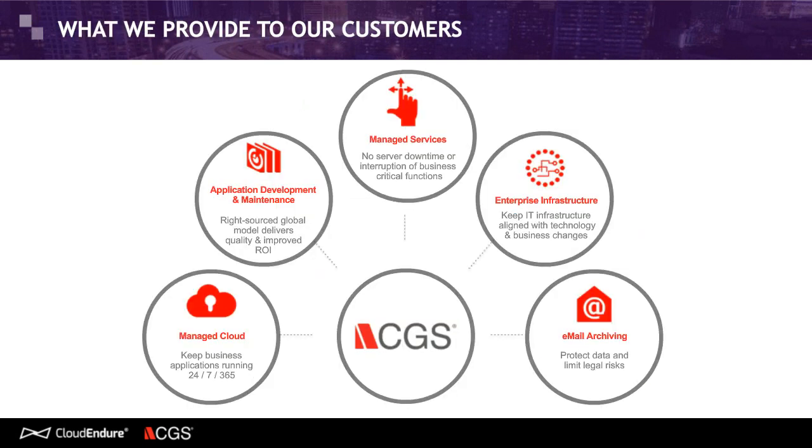The types of services that we provide for these customers are managed cloud, application development, outsourced managed services of their on-premise infrastructure, enterprise infrastructure projects, things like your traditional migrations, VMware upgrades, server deployments, network upgrades, etc. And we also have email archiving and cybersecurity practices within the company as well.